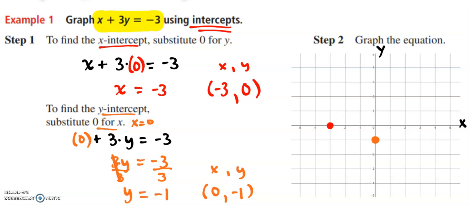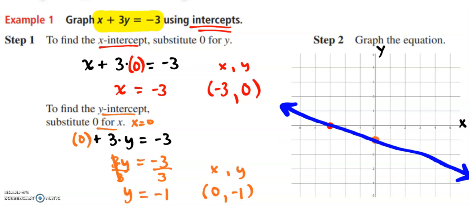Then what I should do is connect those 2 points. And that is how you would graph if you're going to find the intercepts. You just find 2 points and then you connect those dots.